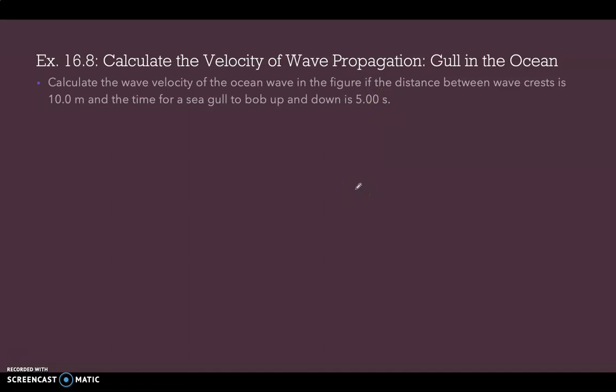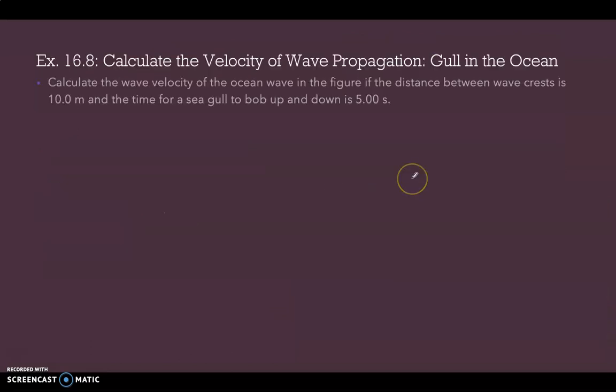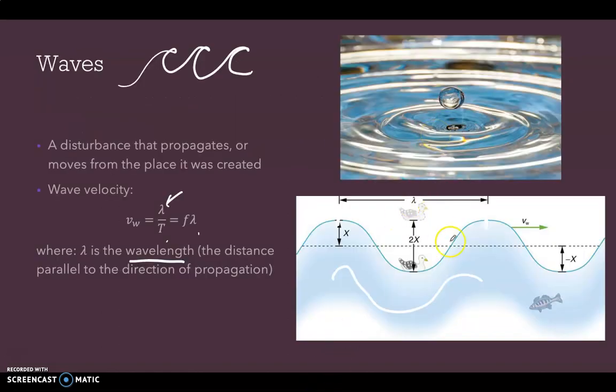So we have some kind of distance between the wave crests. That's like what I said, from peak to peak. That's going to be our wavelength. So our wavelength is then 10 meters. But what is this? The time for a seagull to bob up and down. So for this seagull to go all the way up and then all the way back down, it says it takes 5 seconds.